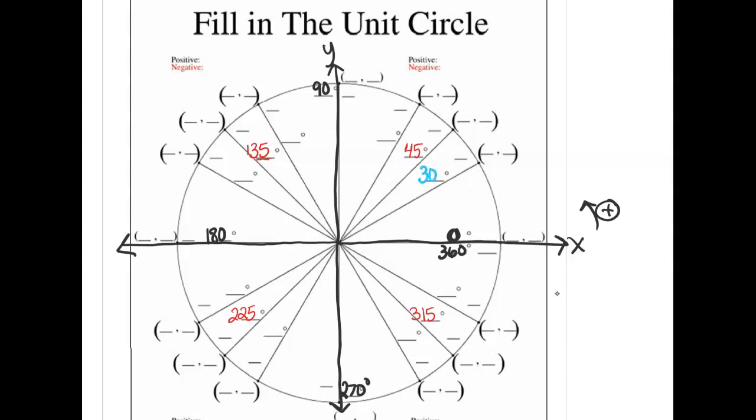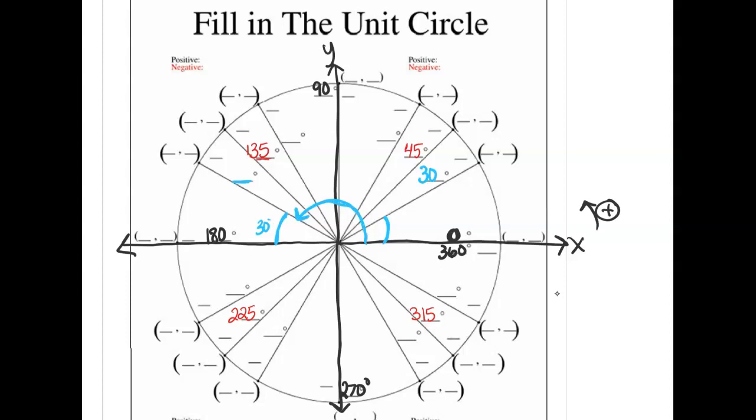So 30 degrees would be here. That's 30 degrees away from the axis. Its reflection is over here, and that means that this angle is 30 degrees before 180. So really the number we're going to label it with has to come from this here. Like we know this much is 30, but the way we number the angle in standard position is from 0 going this way.